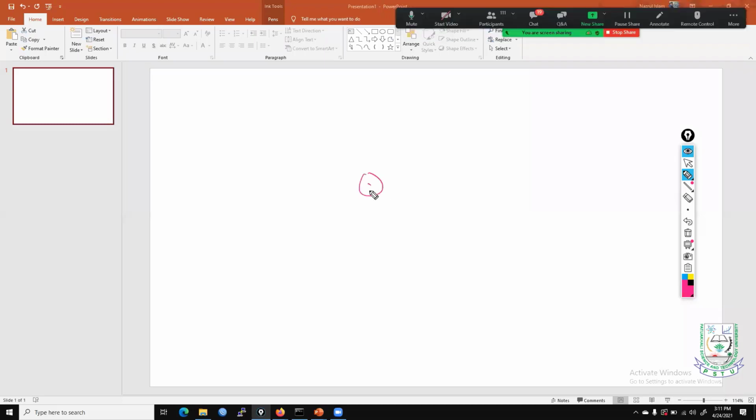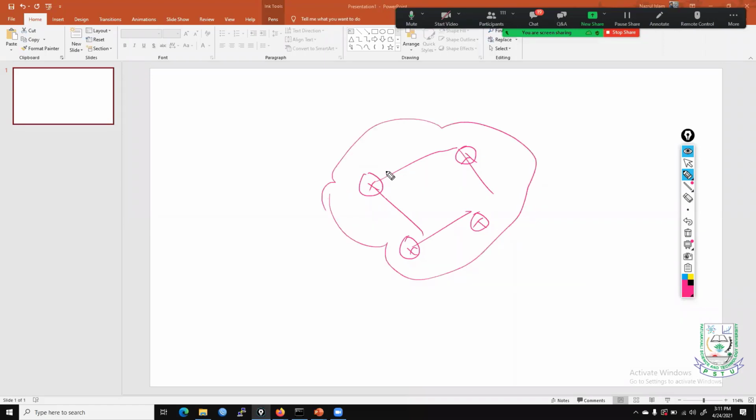So this is our network where it belongs, with routers, and they are connected to each other. When routers are connected to each other, on each router we set an IP address on the interface, let's say 192.168.1.0/30.